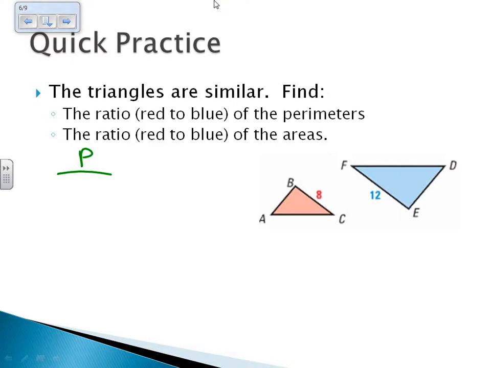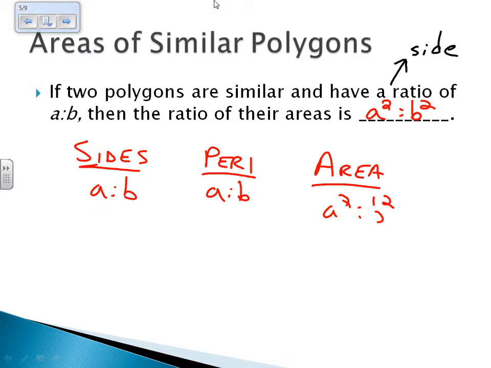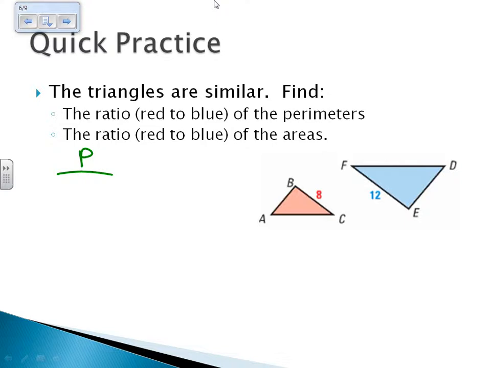Perimeters, I want red to blue, so we write which one first? Which one? Red. So what's my ratio of the perimeters going to be? Remember that the ratio of my perimeters is equal to the ratio of my sides. So all you need to do is find the corresponding sides. Well, there's only two numbers given. So it's got to be 8 to what?